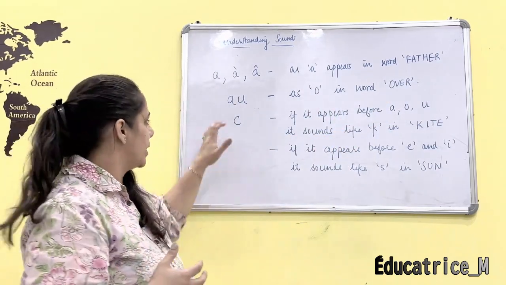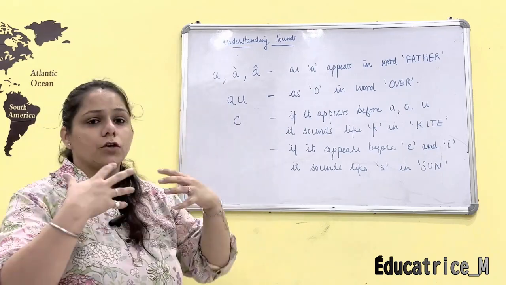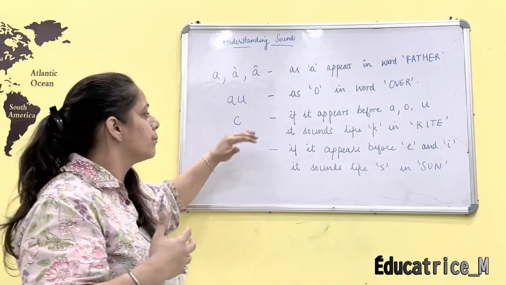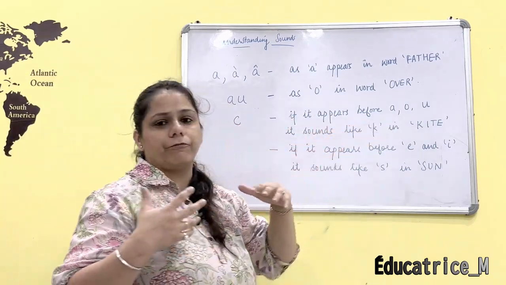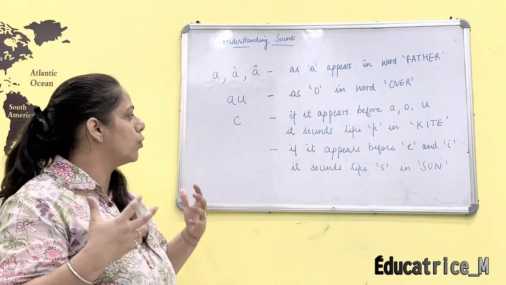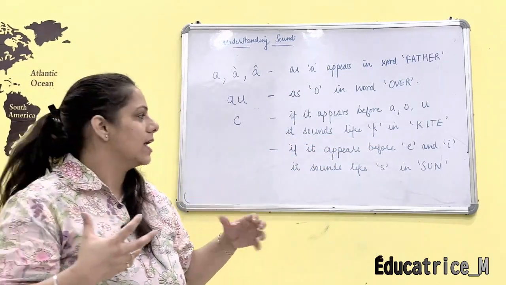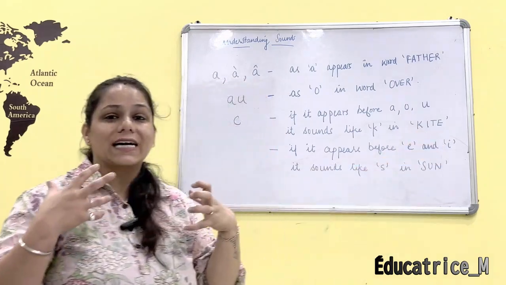O, right? Then third one, if we talk about C, that is the alphabet C, whenever it appears before the vowels A, O, U, it sounds like K in the word kite.